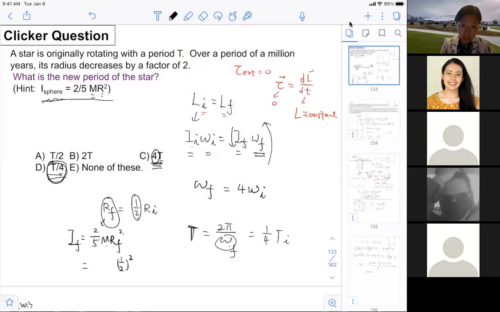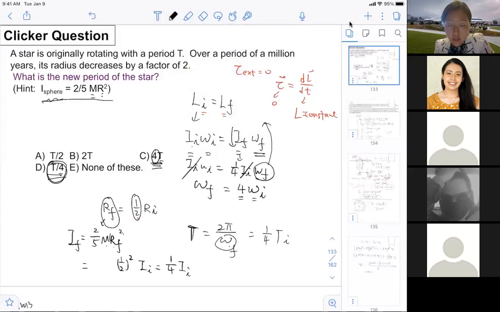So the final rotational inertia is 1/4 of your initial inertia, right? Because it's radius squared, right? So this has become 1/4 I initial, and I cancel my I initial, then omega final is 4 times omega initial, right?